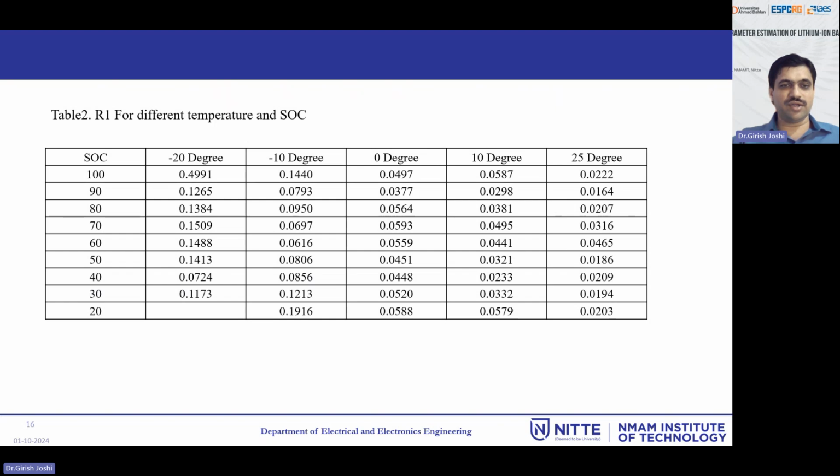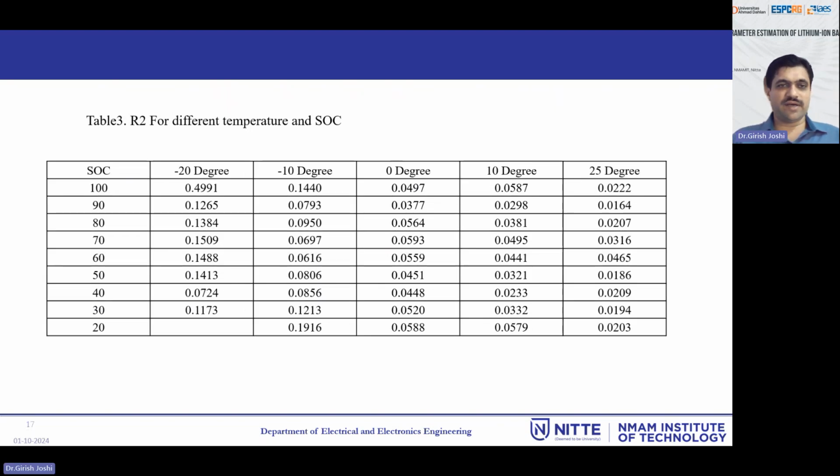Here we can note that for a particular temperature, as the SOC is decreasing, the resistance is decreasing, whereas for a particular SOC, as the temperature is increasing, the resistance is decreasing.